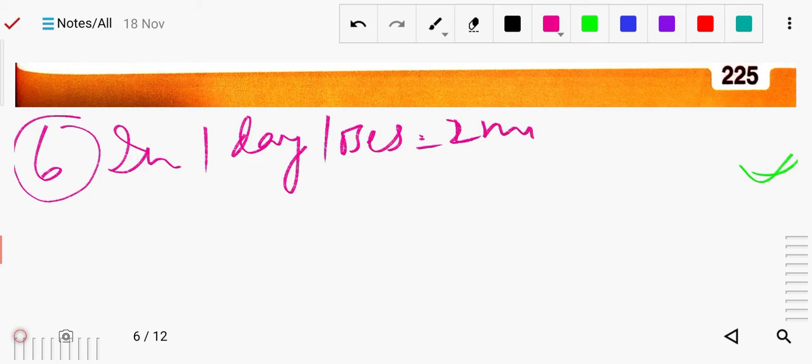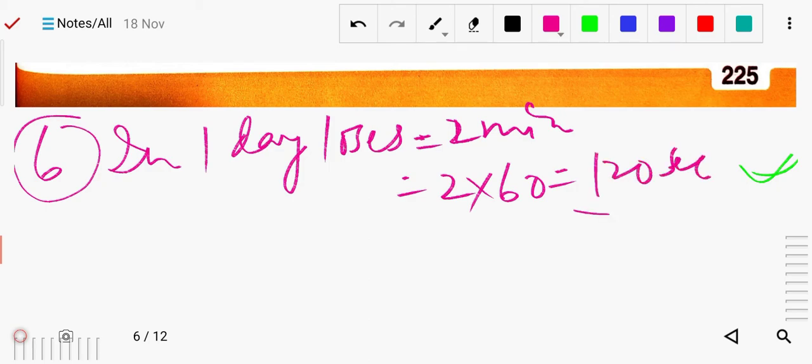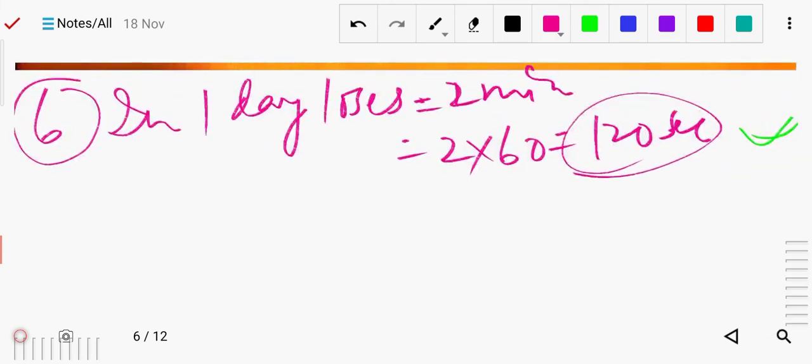So 2 minutes, you can change it to seconds also. Or you can write here 2 into 60, so that is 120 seconds. So in one day 120 seconds. So in one day how many hours are there? In one day there are 24 hours.